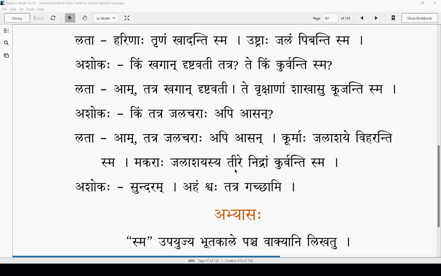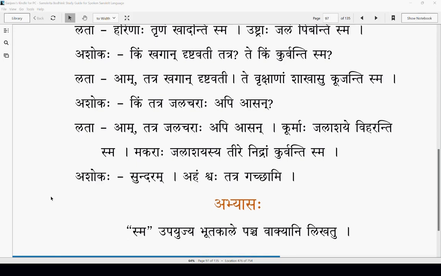So here tīre is on the banks, the side. Nidrāṃ kurvanti sma. So these crocodiles were sleeping. Sundaram. Okay.